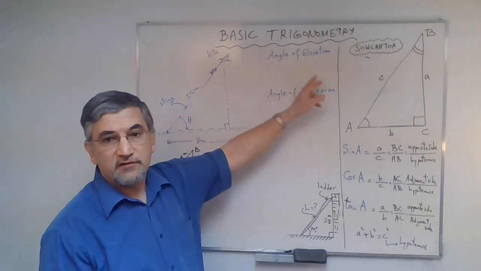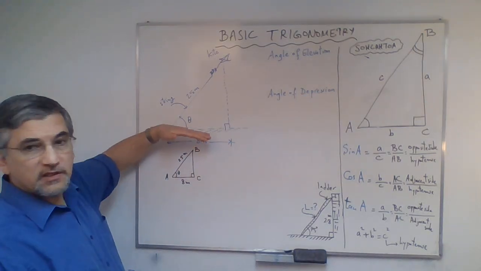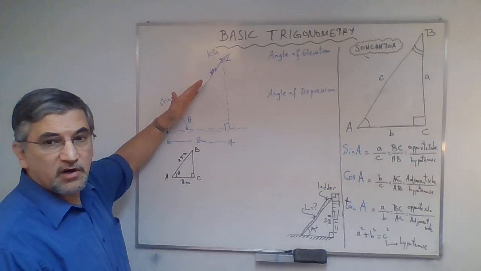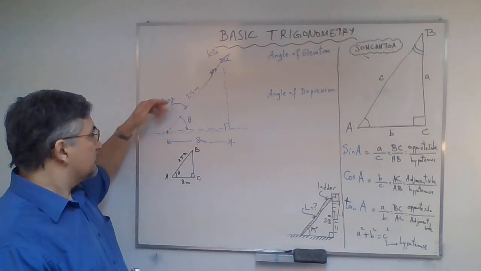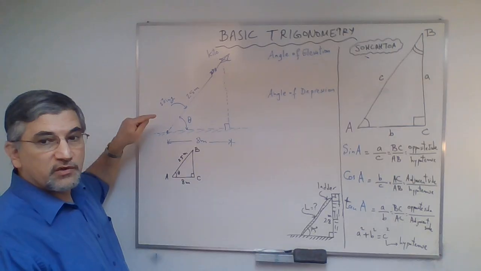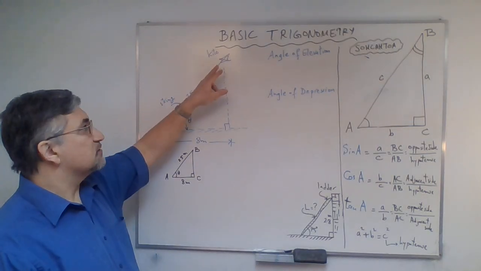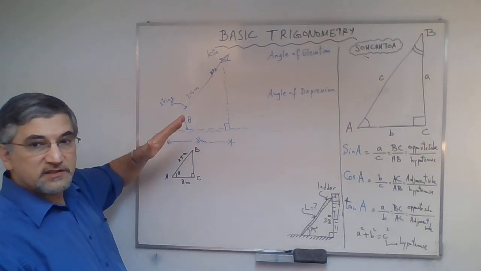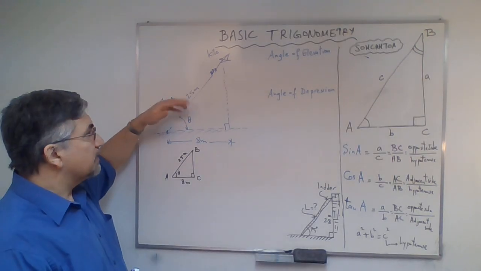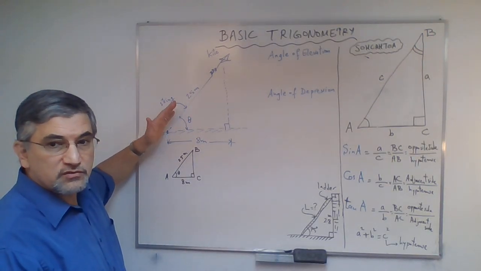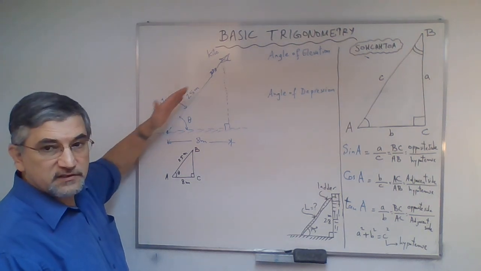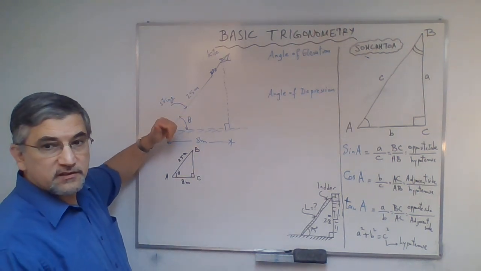The angle of elevation is the angle between the horizontal line and the line of sight above the horizontal line. There is this string which connects the person's hand to the kite, and that's the angle with which you are actually looking at the kite. And this angle is above the horizontal line.